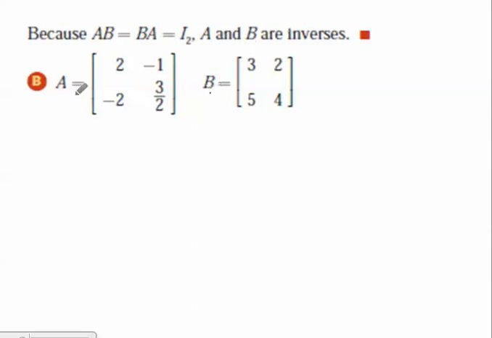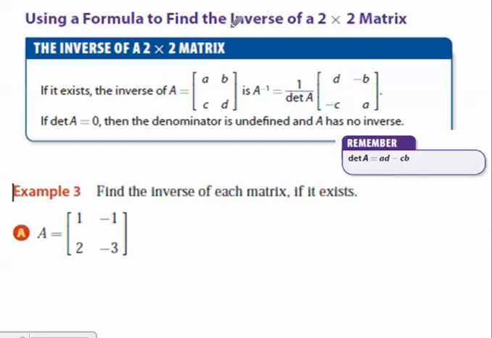I can say B times A or A times B. It doesn't matter which way you go. You're still going to get that two-dimensional identity relationship back. That's what the commutative rule tells you about that.